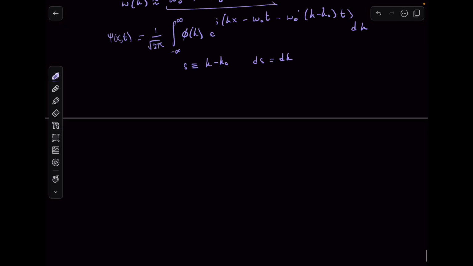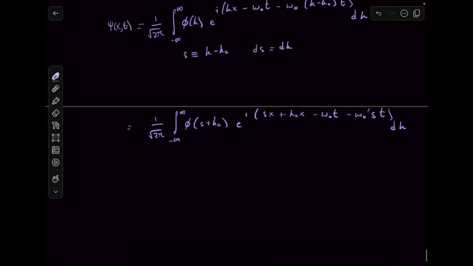So if we make that substitution, we have phi of s plus k naught, e to the i, and then sx plus k naught x minus omega naught t minus the derivative at that point times s. Oops. So now, this is ds.